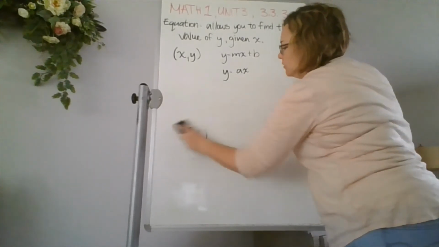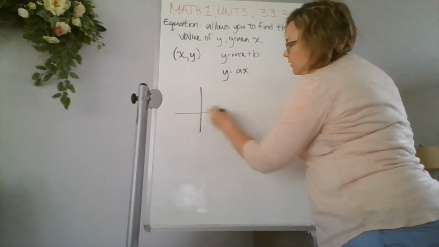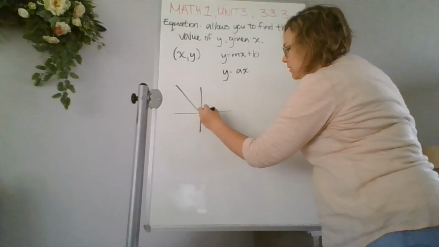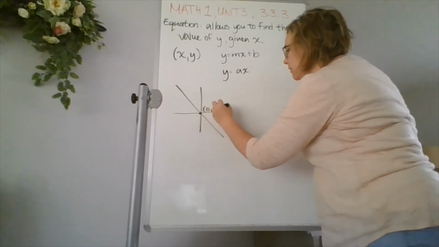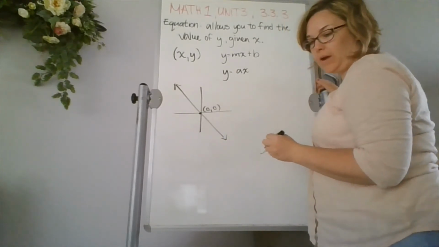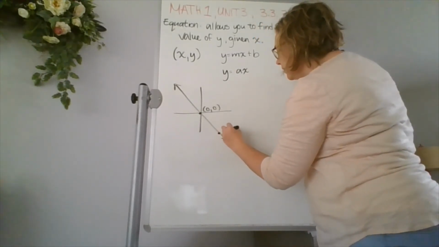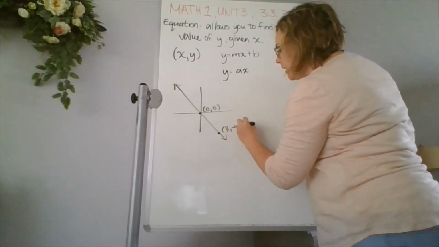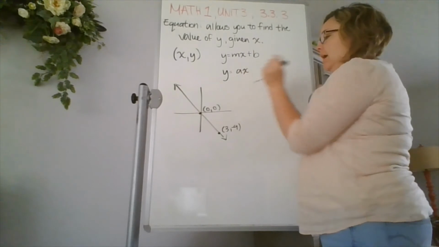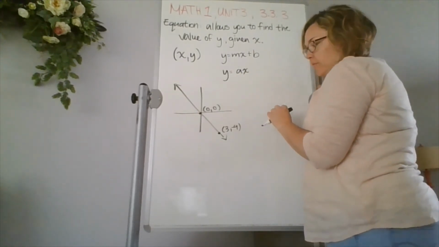Okay, let's try one more. I don't think you need too many for this, and all of these cut through the origin for you. Here is our graph, and the second point is at (3, -9). We want to write out our equation, y equals ax. So we're going to count our rise over run, or up and down.